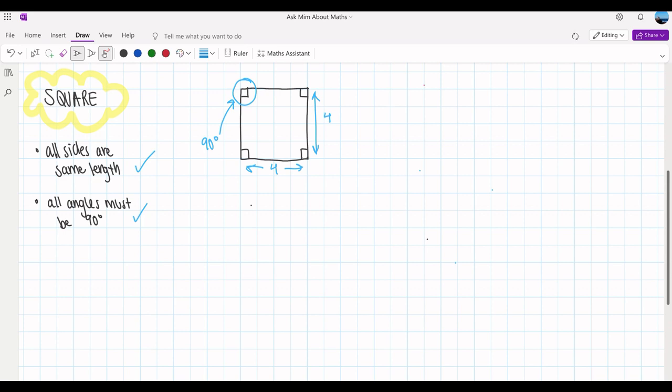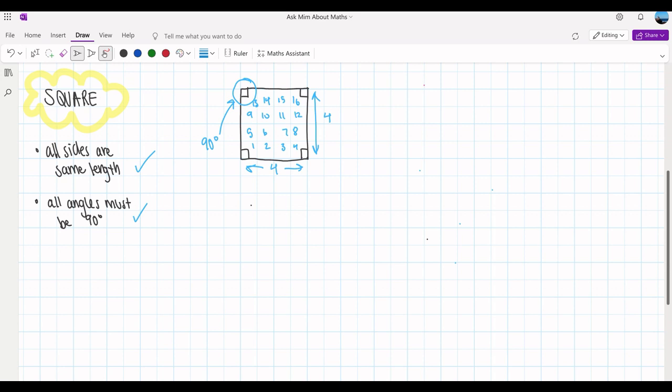Now, if I were to ask you, what's the area of this square? The first thing we could do is just count all the boxes inside. We've got 1, 2, 3, 4, 5, 6, 7, 8, 9, 10, 11, 12, 13, 14, 15, 16.